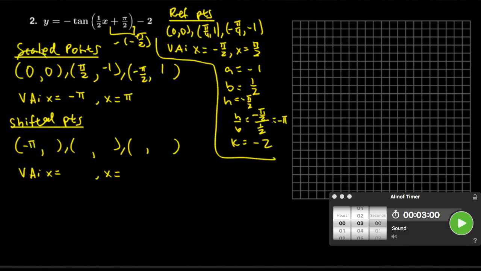So from these x values. And then we're going to subtract 2 from all of those as well. And then, oh yeah, -2 pi, 0. Alright, cool.